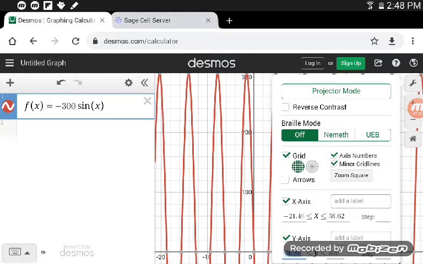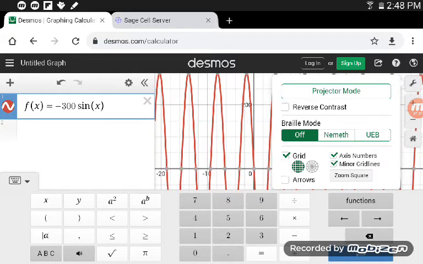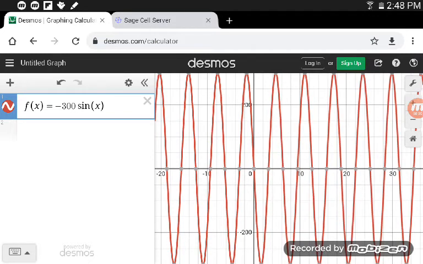I'll go minus 300, minus 300. Awesome. And maybe the x-axis, well, that looks fine. So, good enough. I can't seem to do it, maybe I've got the pen too close or something. Nope.